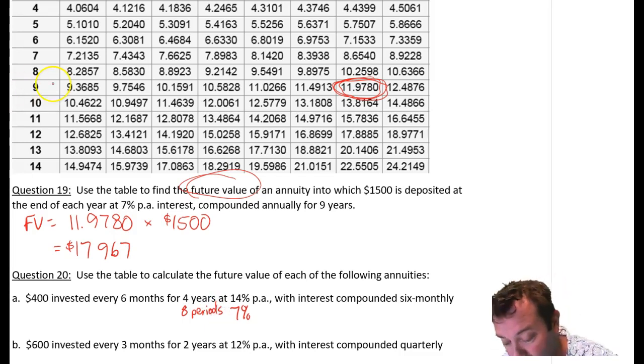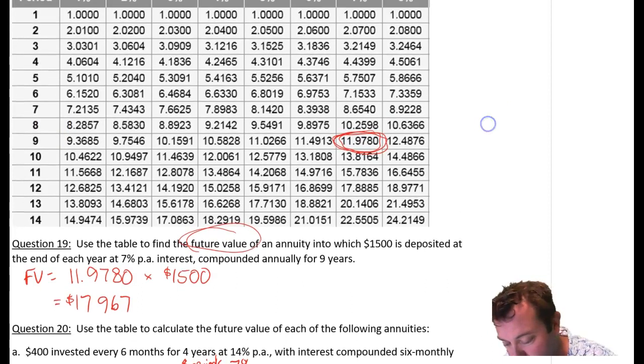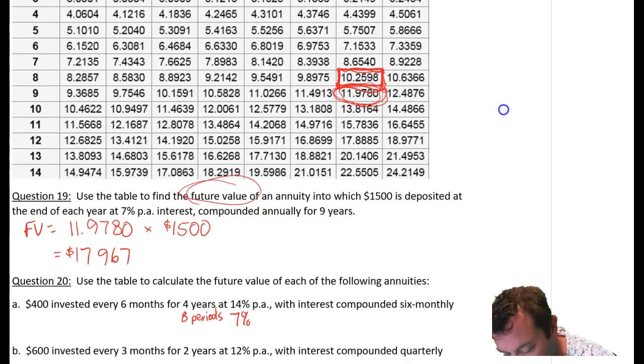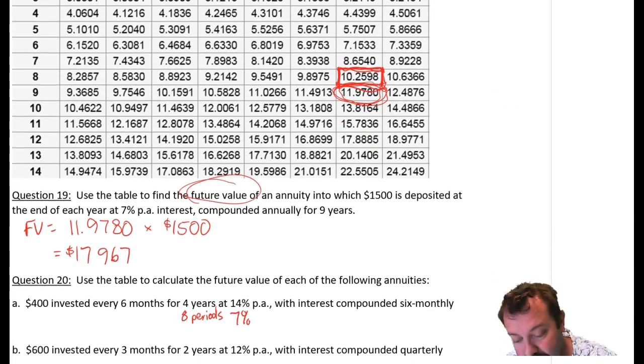So this is in fact fairly similar to the last value. Here's my 8 and my 7%. 7% per period, 8 periods, 8 contributions. This time, that is the factor that I'm going to use. I'm going to multiply my contribution of $400 by 10.2598.